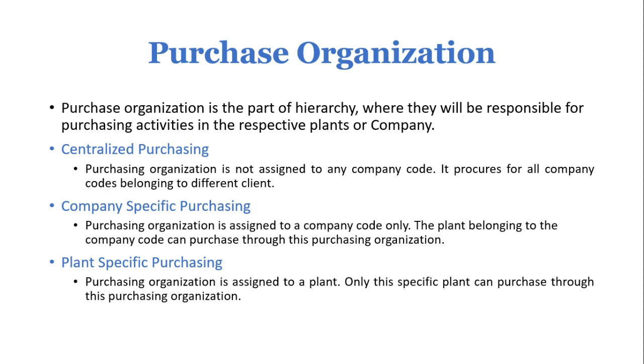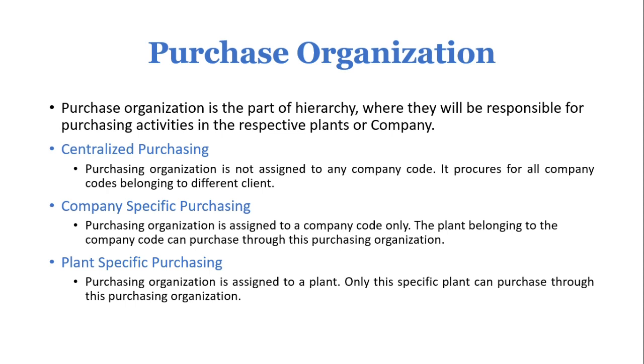If the purchasing organization is assigned to a company code only, the plants belonging to that company code can purchase through its purchase organization. It's called company specific purchasing. If the purchase organization is assigned to a plant, only that specific plant can purchase through this purchase organization. It's called plant specific purchase organization.